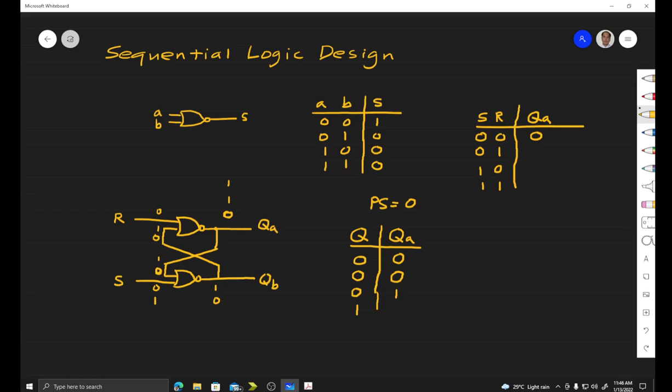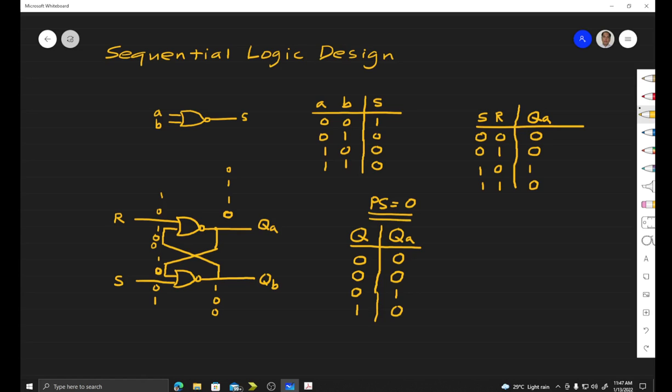So here the output is 0. Then we have here 0. Then suppose R is 1. So we have here 0, 1. So that means our present state QA is 0. So for this table, we have our next state QA: 0, 0, 1, 0, 0, 0, 1, 0. So that is for present state equal to 0.